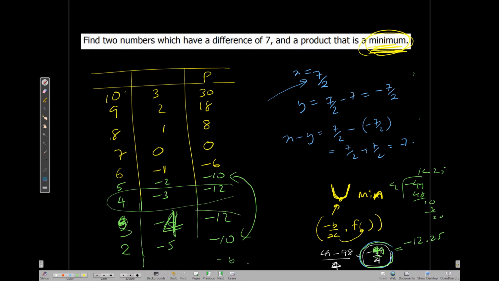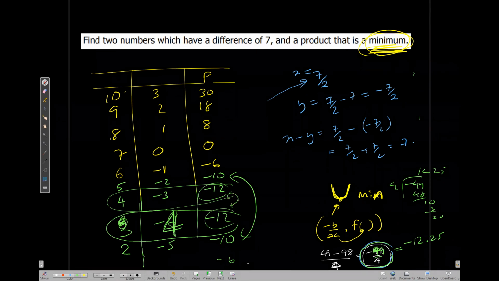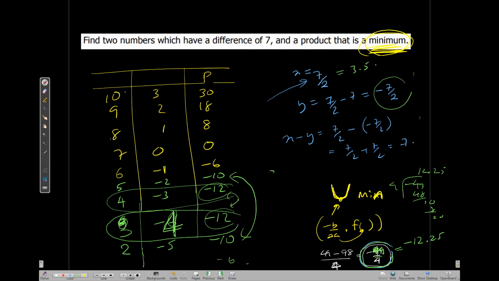So at first, at a glance, you may think this is the minimum product, but in between that, we have our actual answer 7 over 2, which makes sense. That is 3.5. So the required two numbers are 3.5 and negative 3.5. So I believe after this investigation, you understand much better, because when we say numbers, it doesn't say integers.